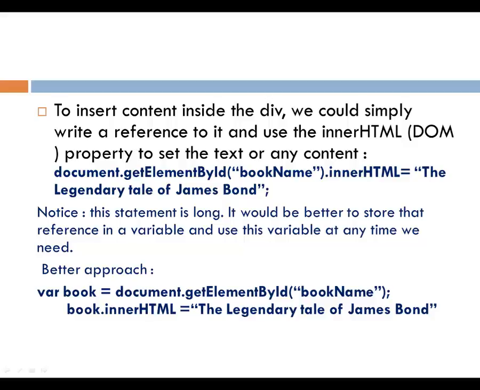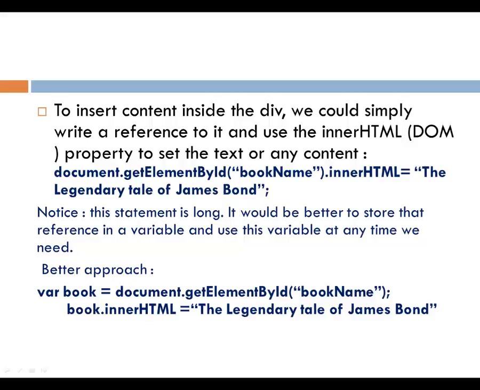So it is actually better to write these two statements here to affect the change inside the book name ID, instead of writing a very long statement here. But either way your code will work. The second approach is much better because we can make use of this variable somewhere else.